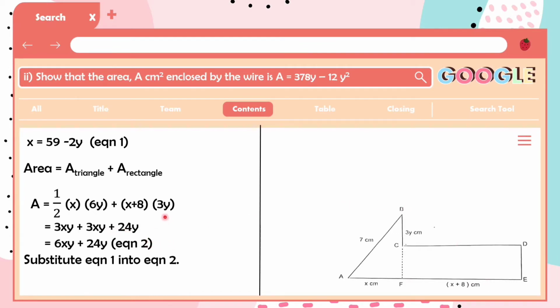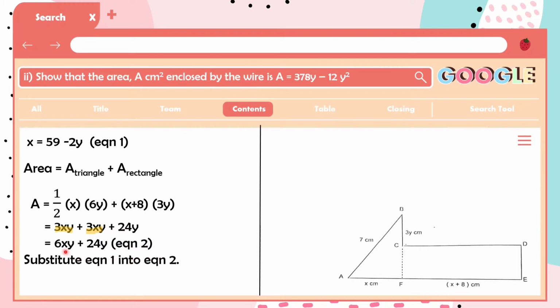Then we expand this. 3y multiplied with x, we get 3xy. 3y multiplied with 8, we get 24y. We add them and simplify the 3xy, and we get 6xy plus 24y, which is equation 2.